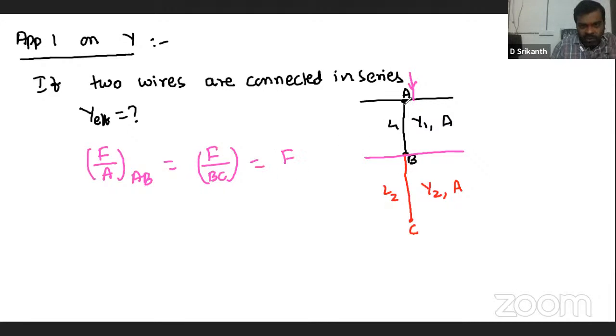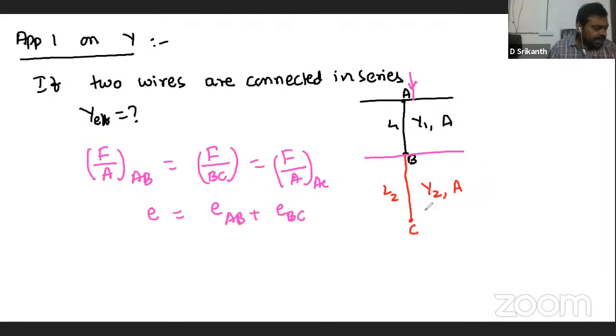If I consider the total system AC, F by A, stress of AC, stress will be the same. So total elongation is equal to elongation along AB plus elongation along BC.